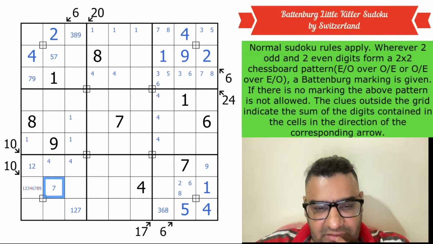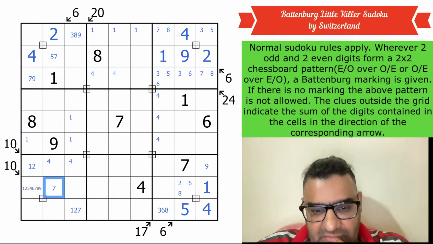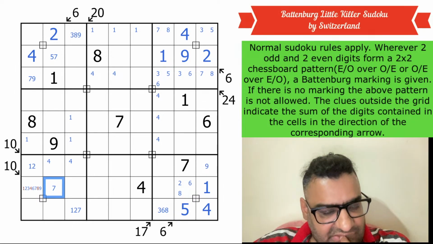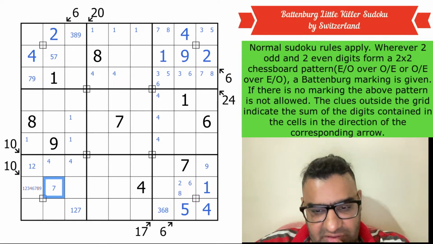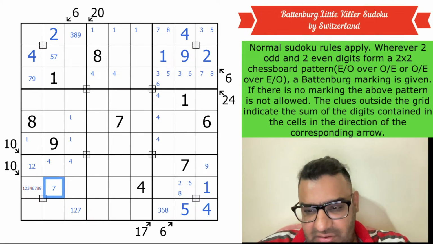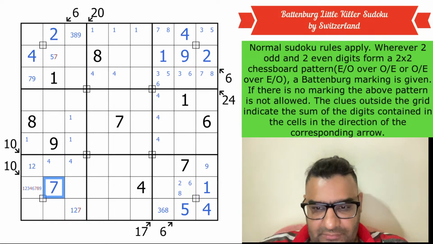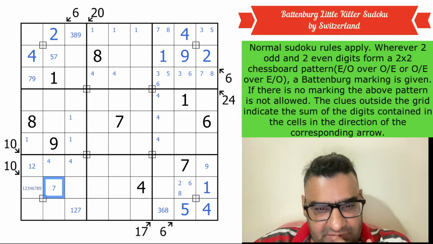I was thinking that 1 and 2 cannot be here. Not 1 and not 2. So why is it not accepting 7? I do not understand.